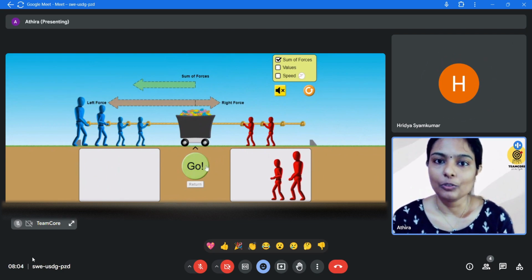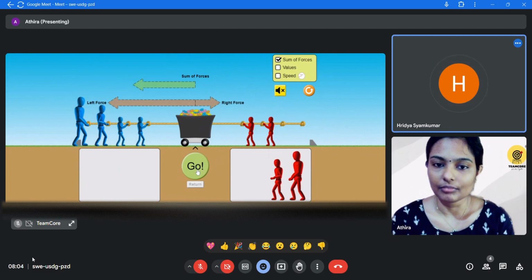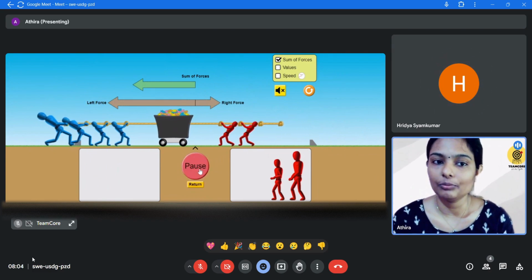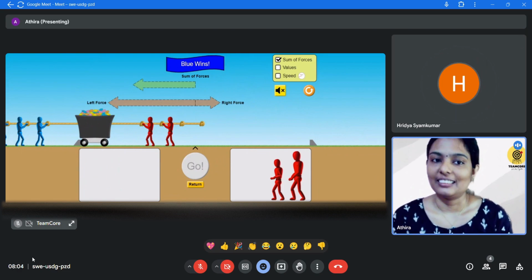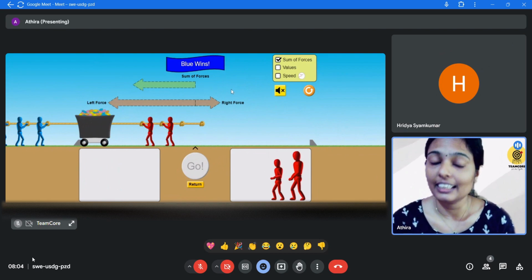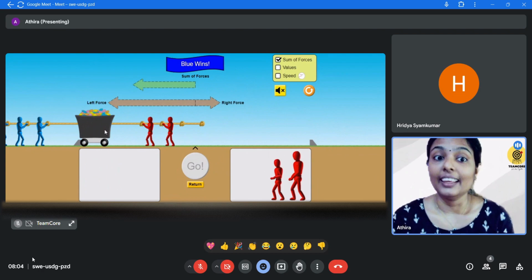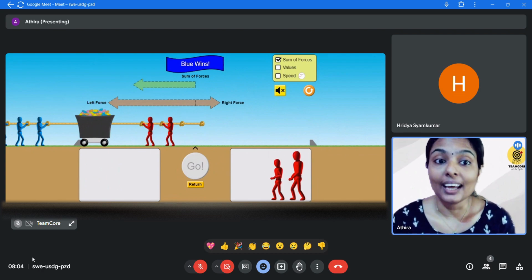Now what happens? Is the sum of the forces zero here? No. And the object will move in the left direction. Yes, blue wins. So if multiple forces act on a body and the sum of the forces is not equal to zero, then the body is under unbalanced force.